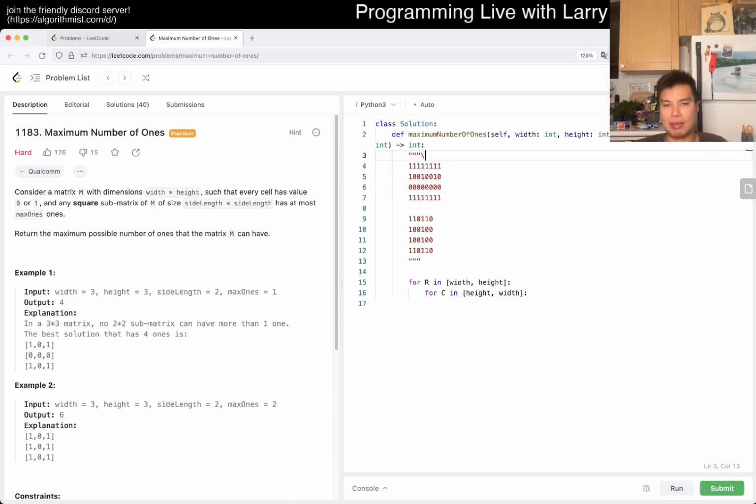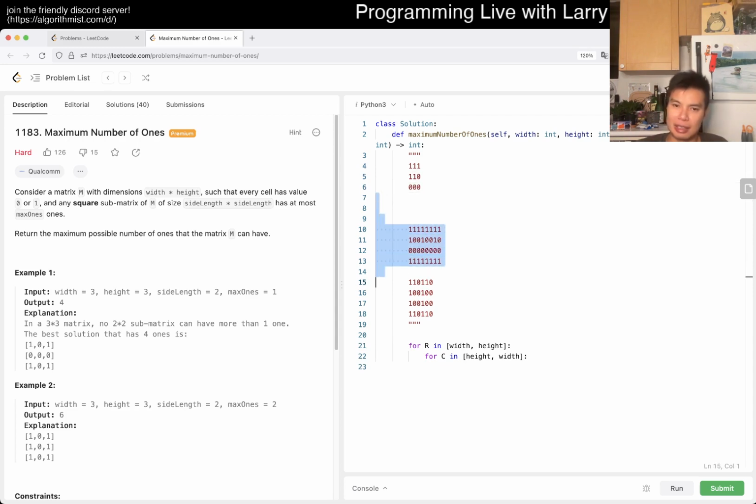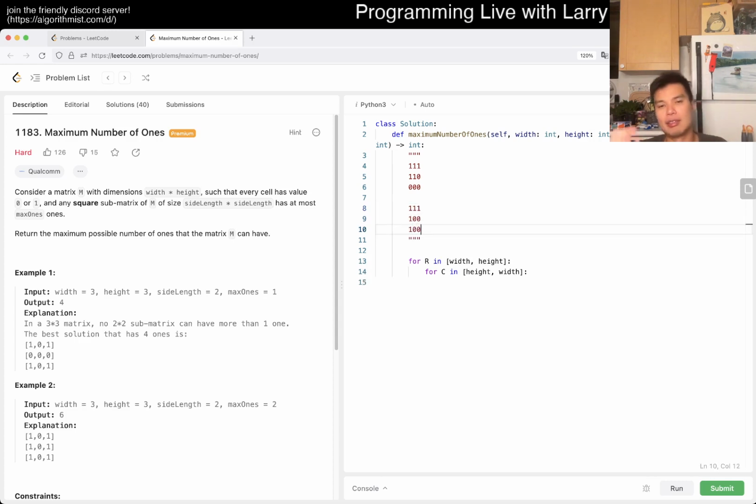Let's say we have 5 elements, and a 3 by 3, so it looks something like this. It's not convincing that this is more optimal than, say, something else.